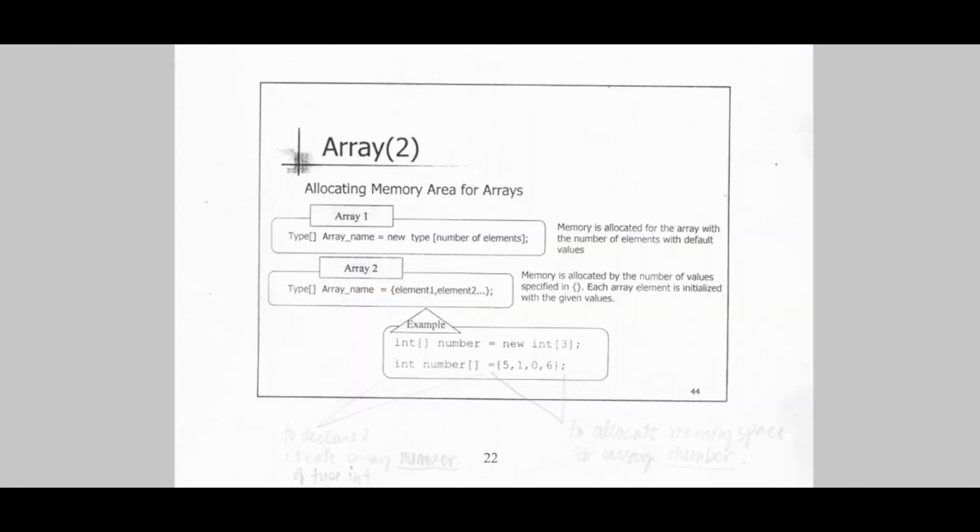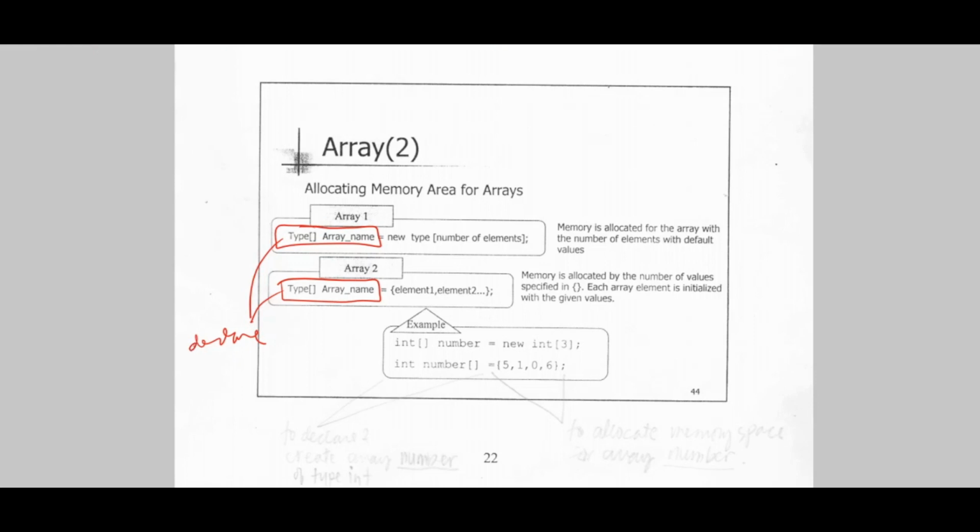The syntax to declare an array, as we have discussed earlier, which is given by this part here, or this part here, what we do here is actually just to declare.